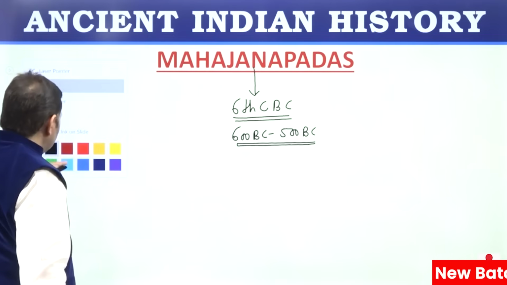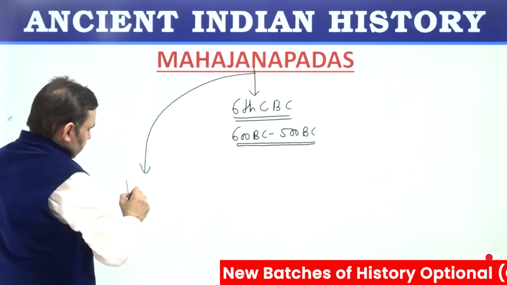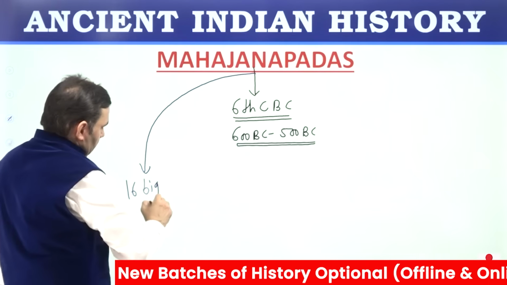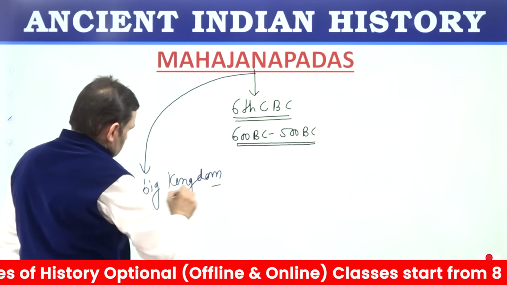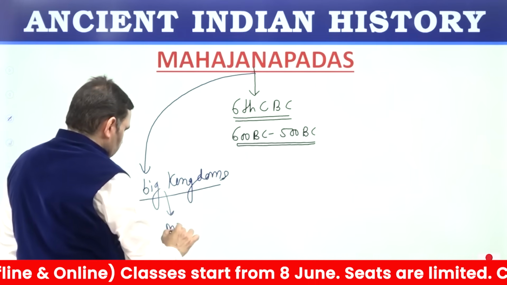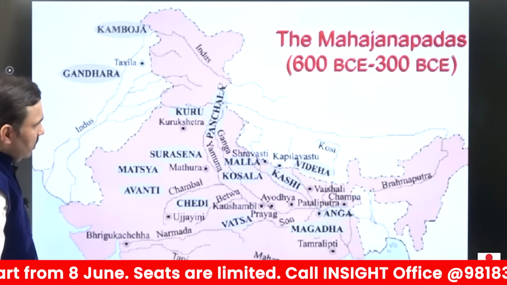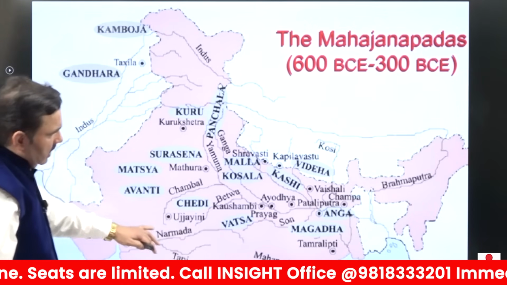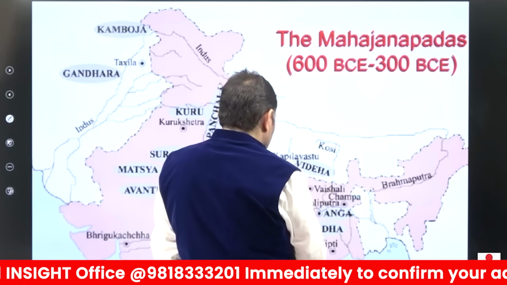So in 6th century BC, 16 big states or 16 big kingdoms came into existence, and these big kingdoms were Mahajanapadas. These kingdoms were located all over North India. Magadha Mahajanapada was most powerful.